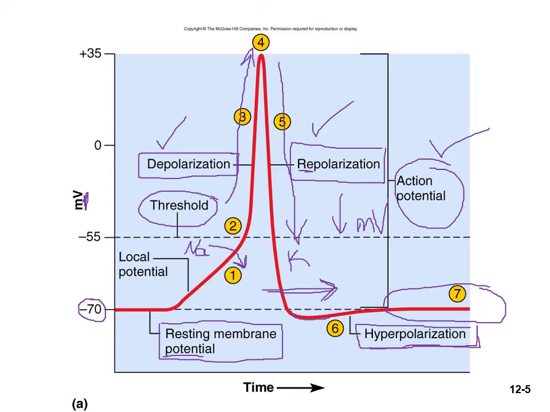For your exam, please be able to tell me that depolarization means an increase in membrane voltage, and it's because sodium comes into the cell, whereas repolarization is when you decrease the membrane voltage, so the cell becomes more negative, and that's because potassium is coming out of the cell. And also, obviously, what resting membrane potential indicates, what the threshold indicates, and what hyperpolarization indicates.